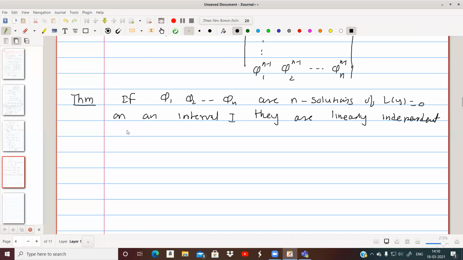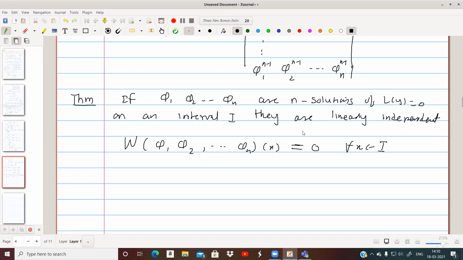Do you remember the condition? What is the relation between the Wronskian and independent functions? Whether it is with variable coefficients or constant coefficients, the condition remains the same. Should I write that it is equal to 0 or not equal to 0?